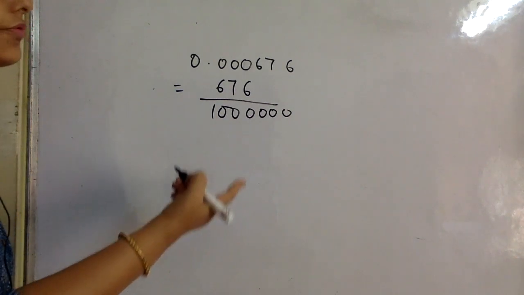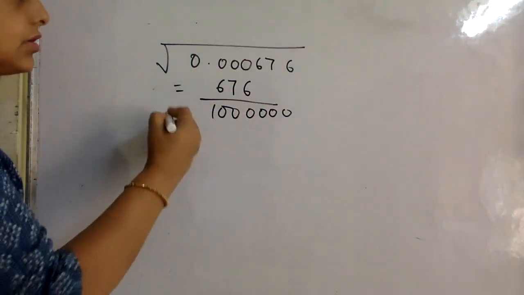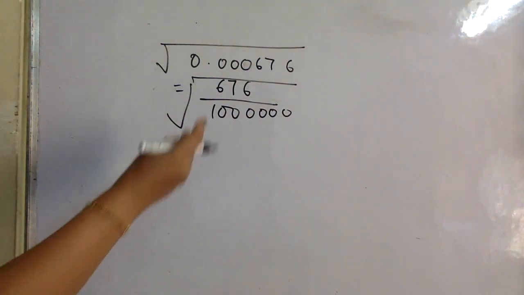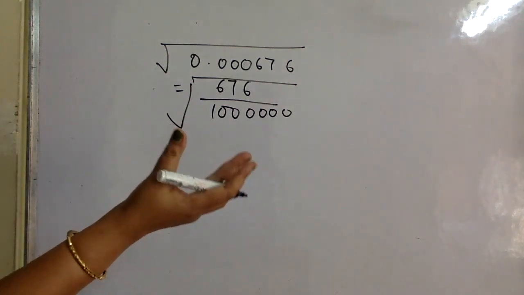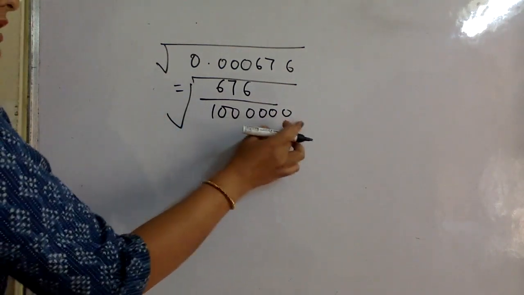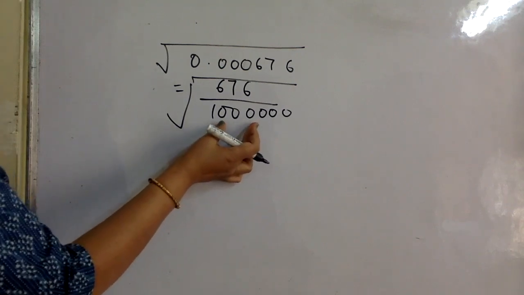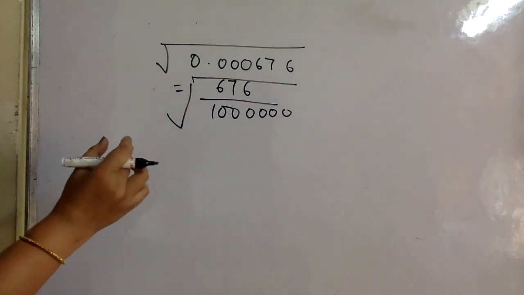Now we have to find the square root of this number. Let me put the square root sign here also. Now it is easy to find the square root of this kind of a number where there are only ones and zeros. If there are 6 zeros, the square root is 1000. That is just half of the number of zeros. Okay, now how to do this?